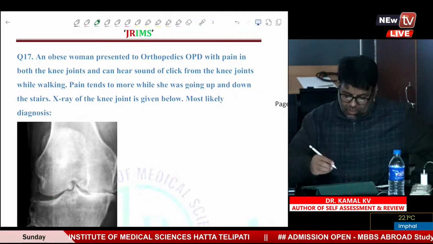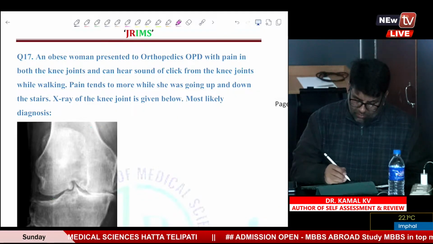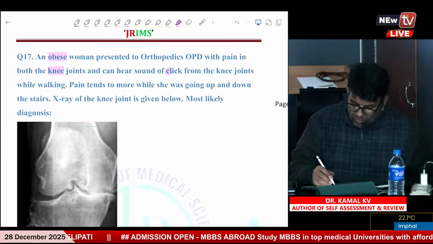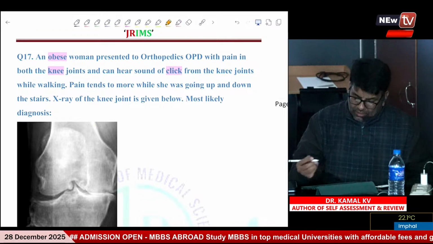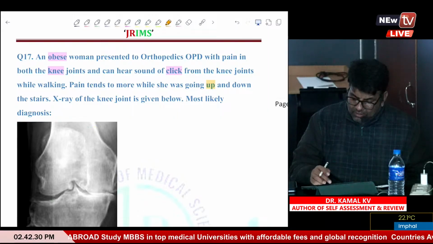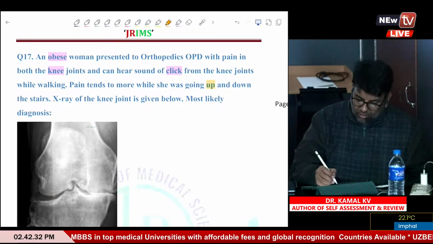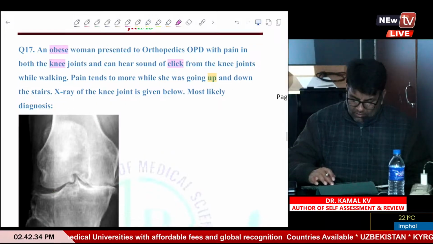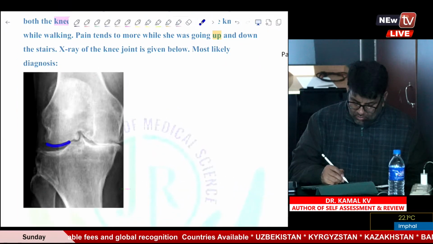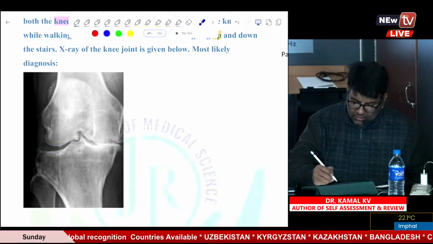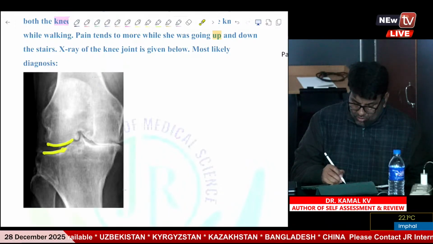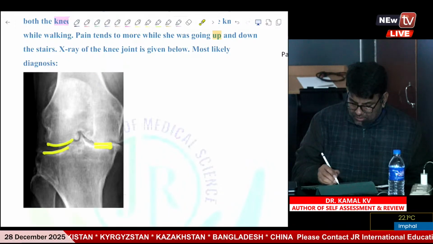A woman presented to ortho OPD with pain in knee joints. Right? She is obese. There is a sound of click whenever she is going up and down. Then pain aggravates on going up or down the stairs. This is the X-ray. What is your diagnosis here? So you look at the joint space. This is the joint space here and this is the joint space here.